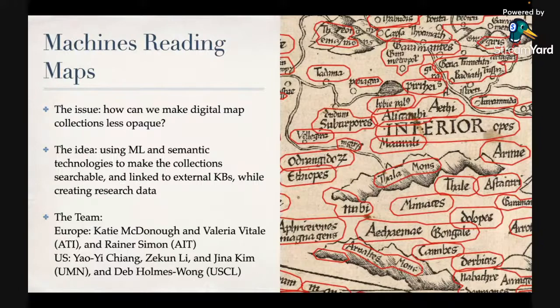And also for the named entities, the unique features on the map, the things that have a name, basically, we attempt to create a link to external knowledge bases, such as OpenStreetMap or Wikidata, or maybe specialized historical gazetteers. In this way, through this automated process, we hope to create much, much richer metadata that tell us what is in the map. And I think that is already quite exciting and quite a different way to think of these digitized collections.